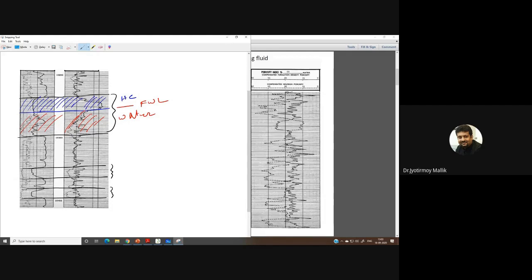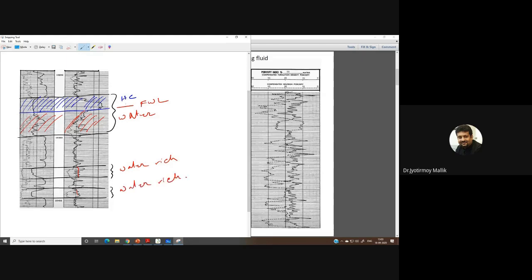So you can do that exercise here as well. You can see here there is not much resistivity, so these are perhaps also filled with water. These sandstones are also filled with water because the resistivity value, as you can see, is not very high. So these two sands are also water rich.